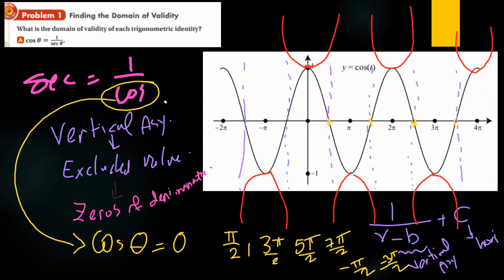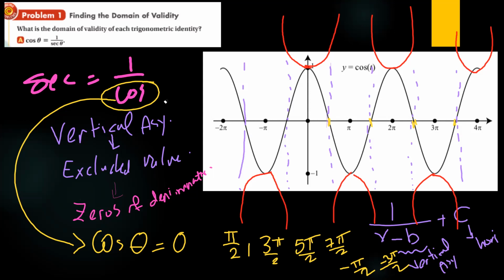So what will the domain be for the red curves now? All real numbers, with an exception. At pi over 2, there are asymptotes. So from pi over 2 to 3 pi over 2, what about the other numbers? Not included.